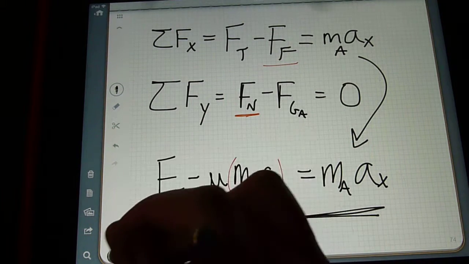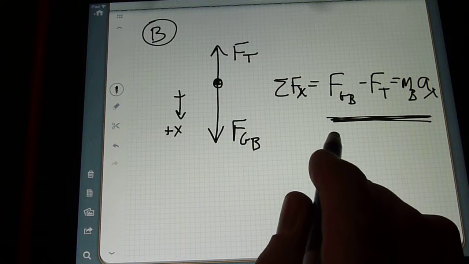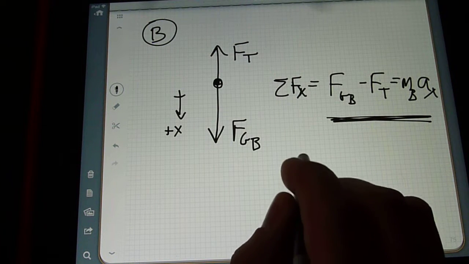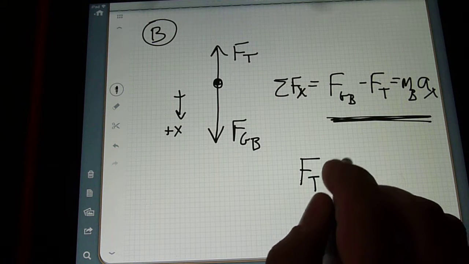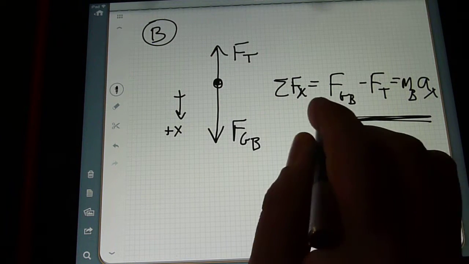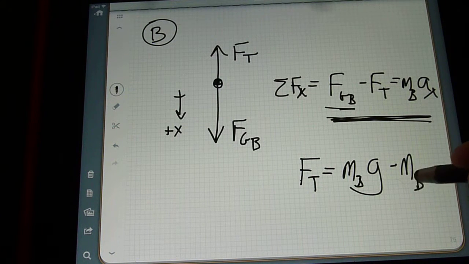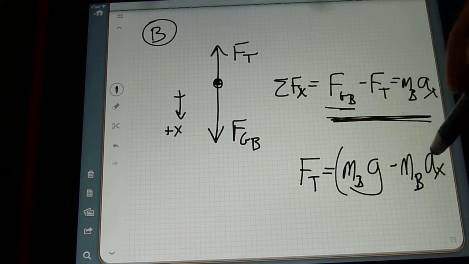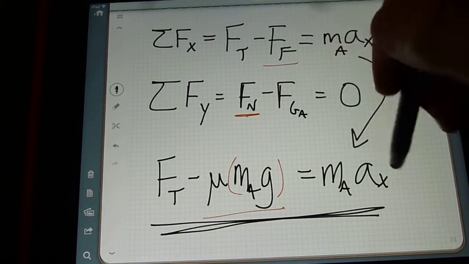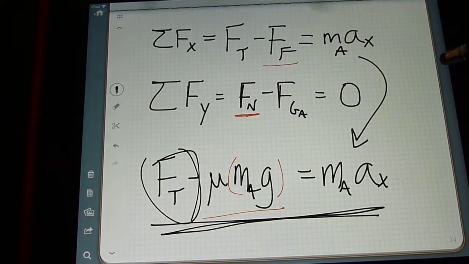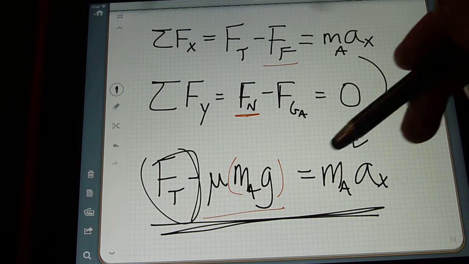I would solve for, probably in this equation, F of t first to get that F of t is going to equal the mass of block B times g, that's FGB, minus the mass of block B times A in the x direction, and then I would substitute this term into this expression here for F of t to have only an expression in A. So that should get you started, and should get you to an answer for the acceleration of that block. Here I've just solved it symbolically. If we had numbers, we would put them in appropriately.